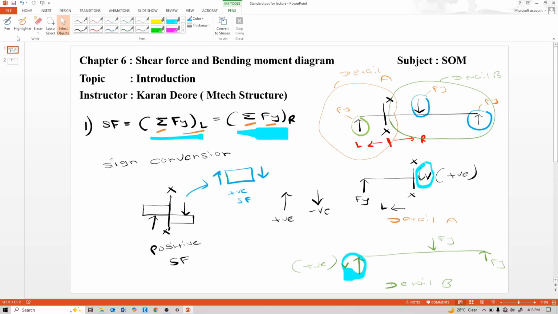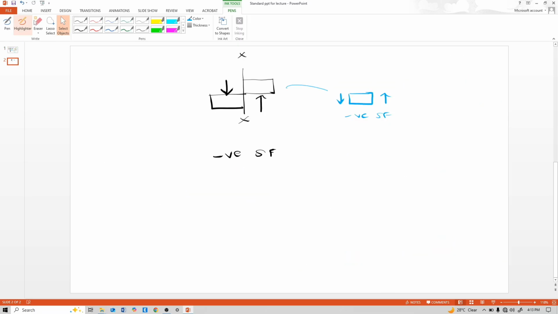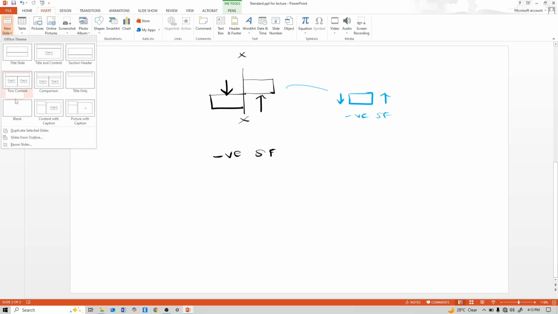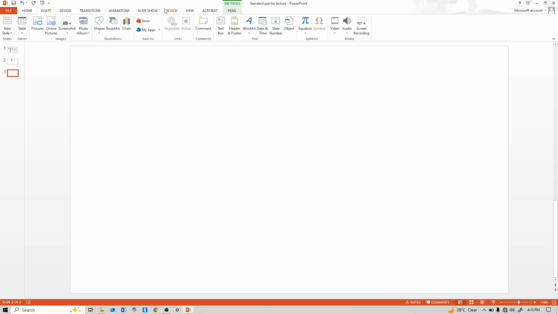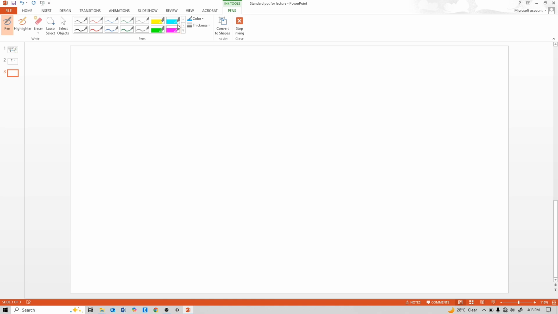Now, next is bending moment. So see, definition of bending moment.